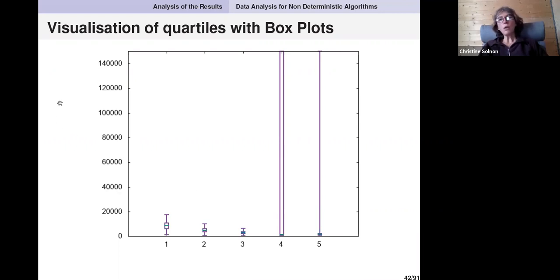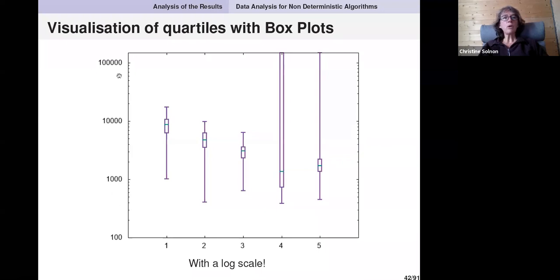I can also draw the plot with a log scale, which allows me to see what happens for short time limits. And here I can see that parameter 4 has a lot of runs which reach the time limit, and parameter 5 has some runs which reach the time limit.